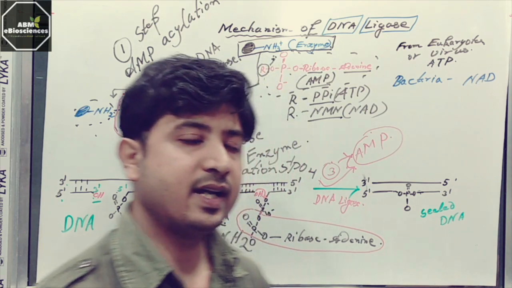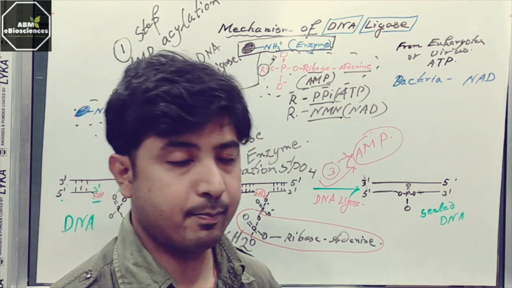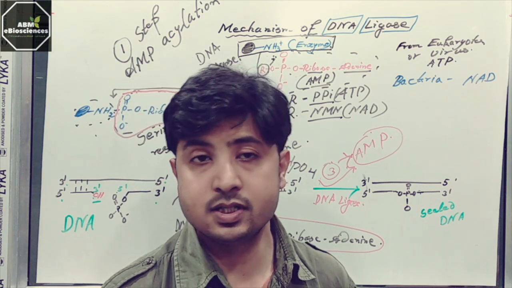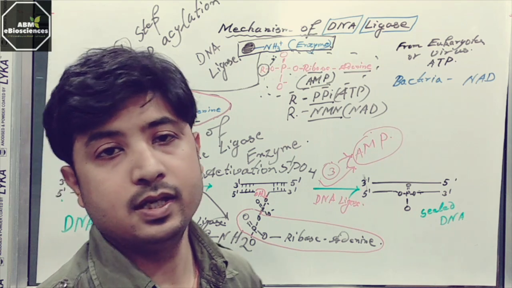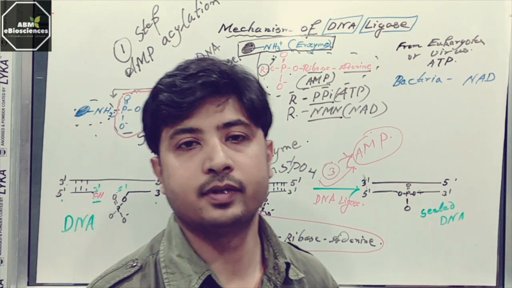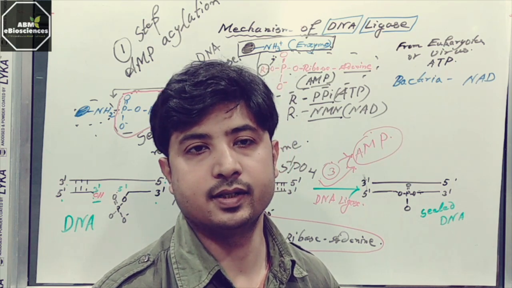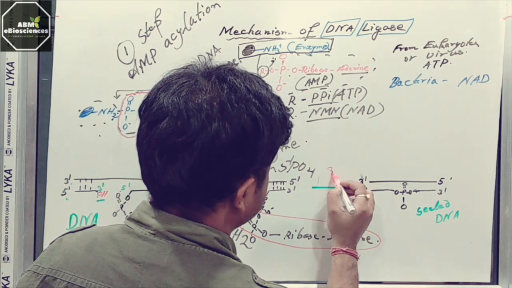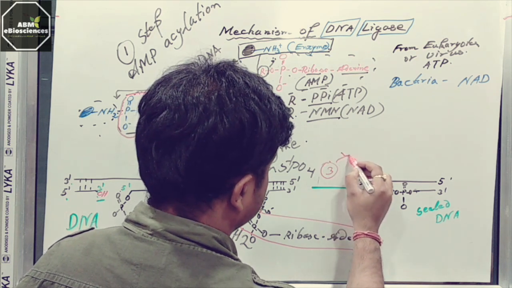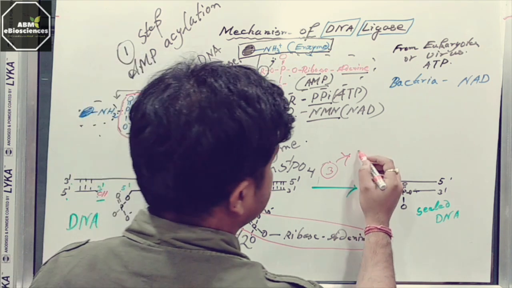The nucleophilic attack of the 3' hydroxyl on the 5' phosphate group is going to happen only when it is activated with the transfer of AMP from the enzyme to your substrate DNA. So this is very important. In the next step, the third step, this AMP group will be removed.